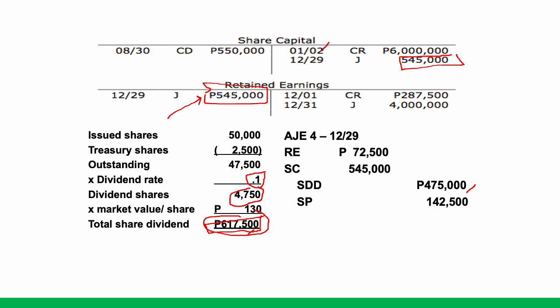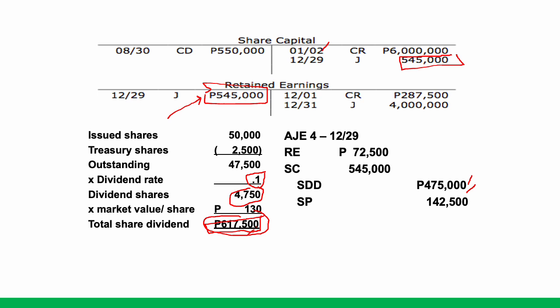So, therefore, yung share premium and share dividend declaration will be recorded at the time of declaration. Pero yung share capital, it will be recorded at the time of distribution. Okay? Kaya at the date of distribution, ika-cancel lang tong share dividend distributable: debit, share dividend distributable, and credit share capital for 475,000.